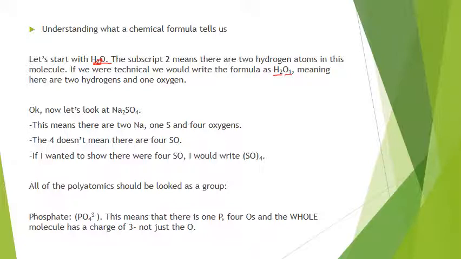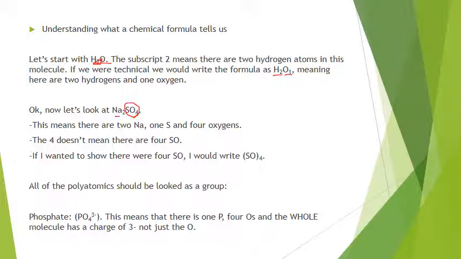Now, this is the problem that you had with the sodium sulfate, Na2SO4. You seem to have had a problem with the polyatomics. You just have to think of them as a group. So this means there are 2 Na's, 1 S, and 4 oxygens.